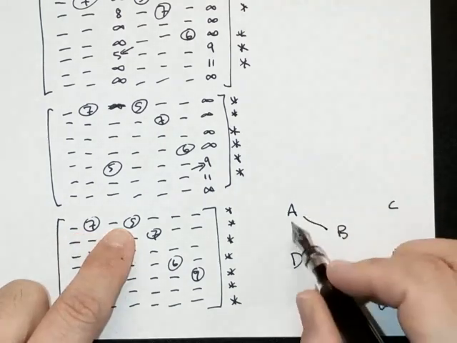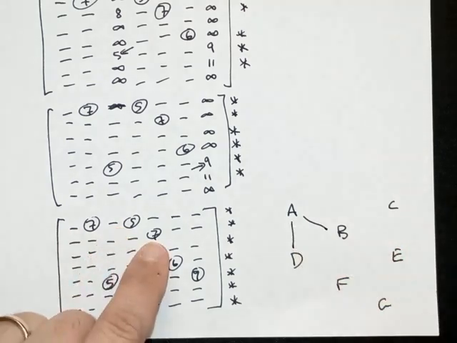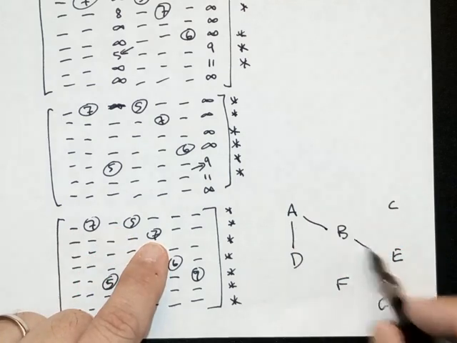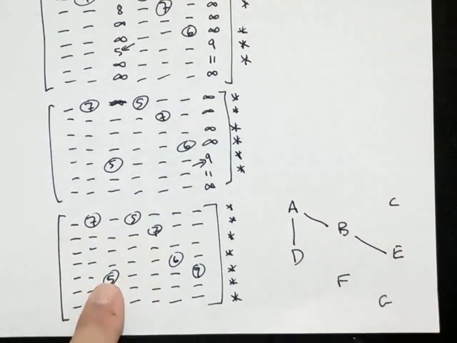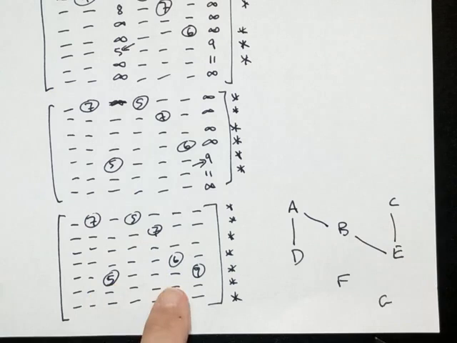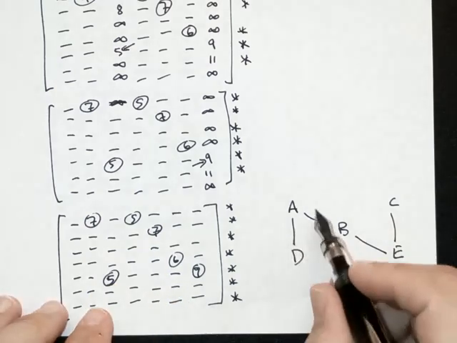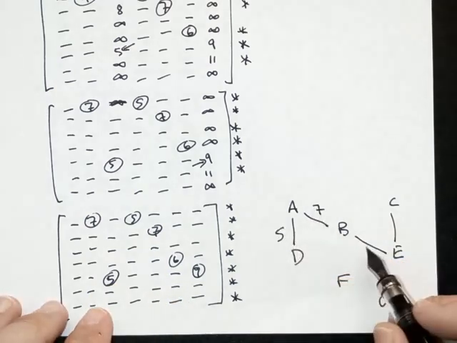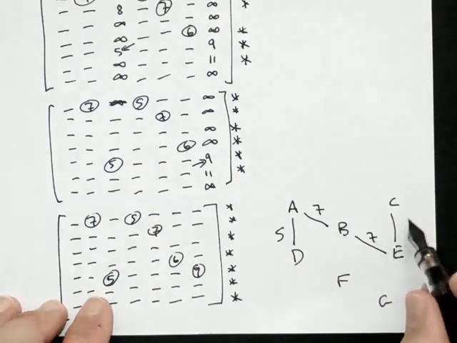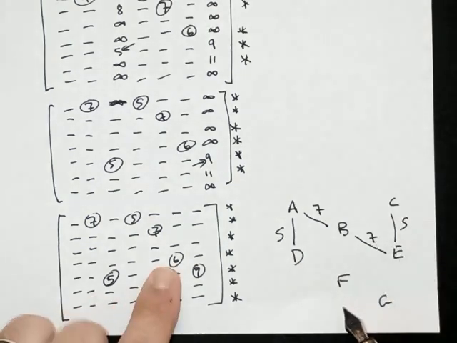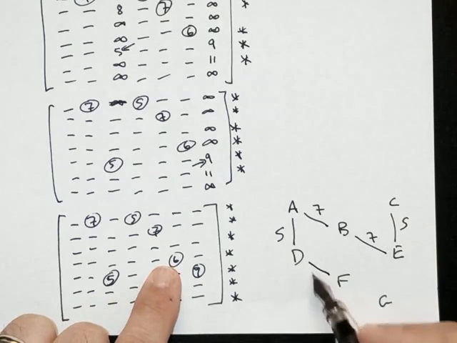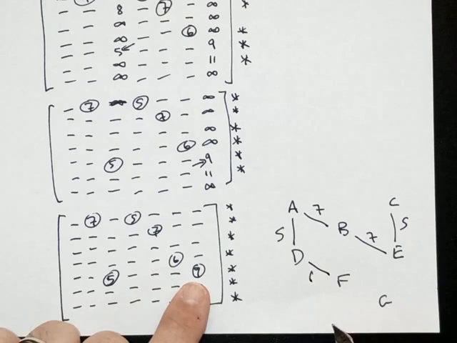This edge goes from A to D. This edge, this edge, this edge, and this edge.